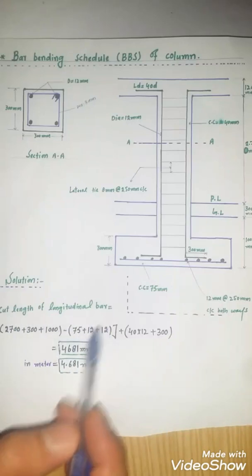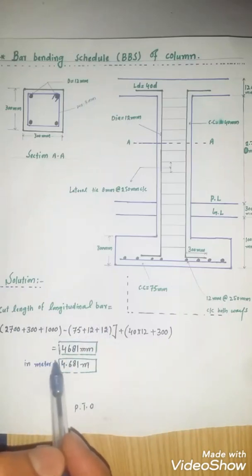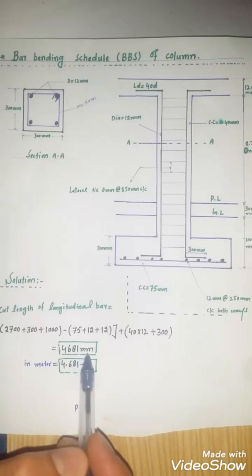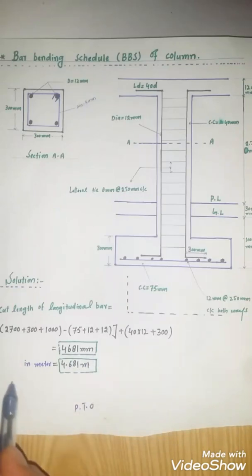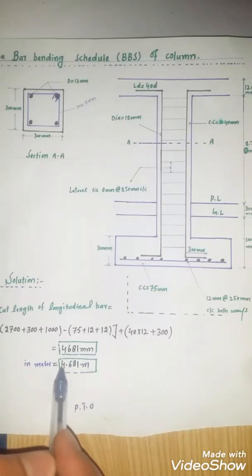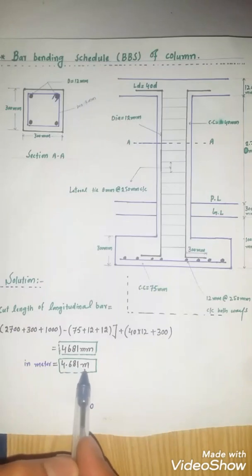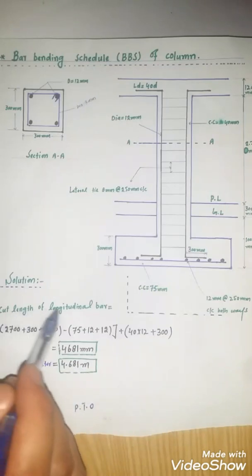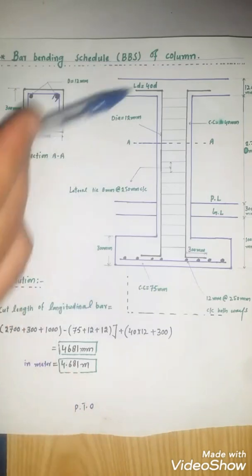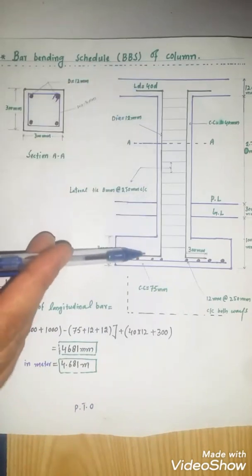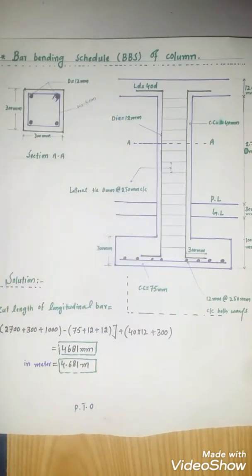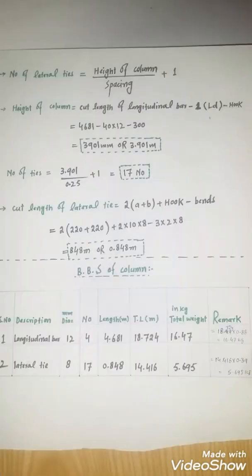Cut length of longitudinal bar is equal to 4681 millimeter. In meter, this value is equal to 4.681 meter. This is the cut length of the longitudinal bar from this point to this point.